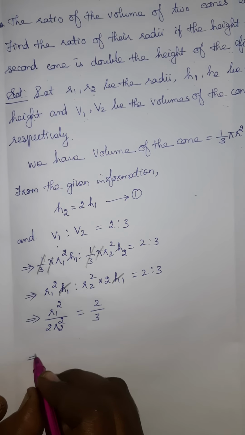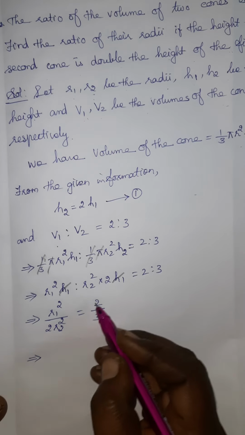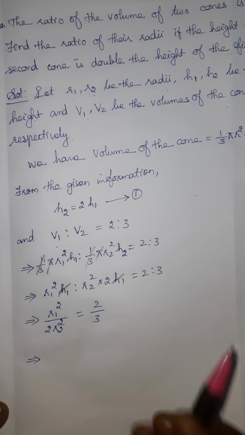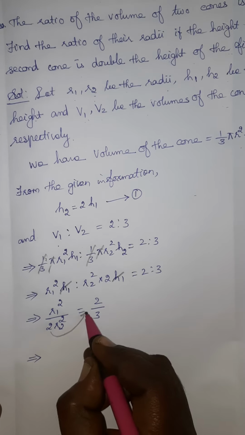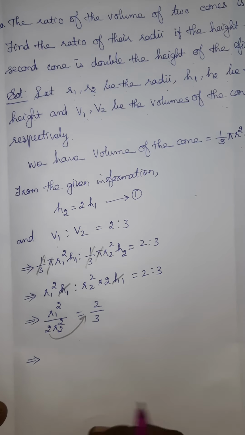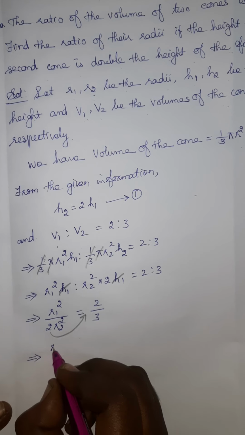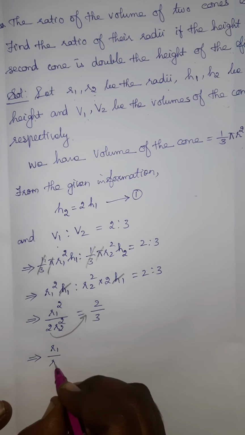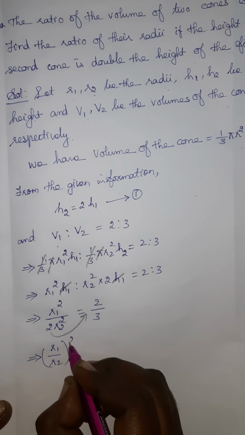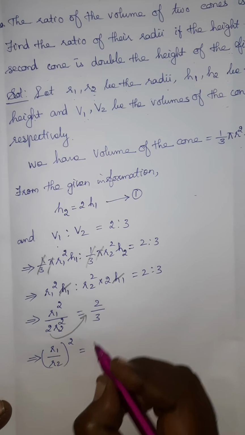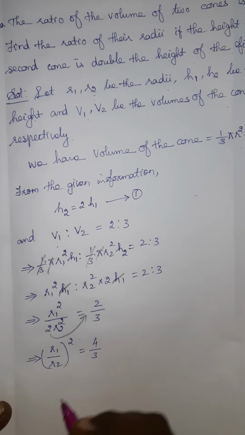Which implies this 2 you multiply with the opposite side. So the remaining R1 by R2 the whole square is equal to 2 into 2, 4 divided by 3.